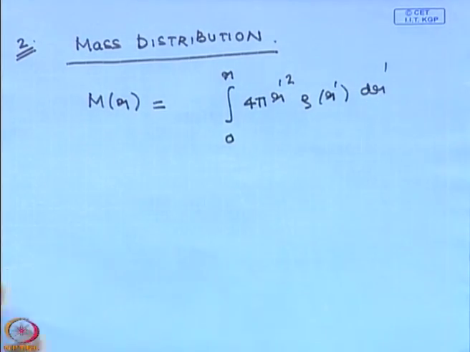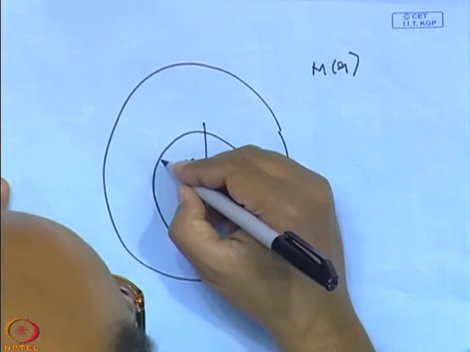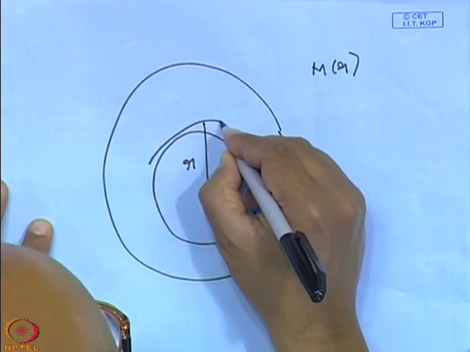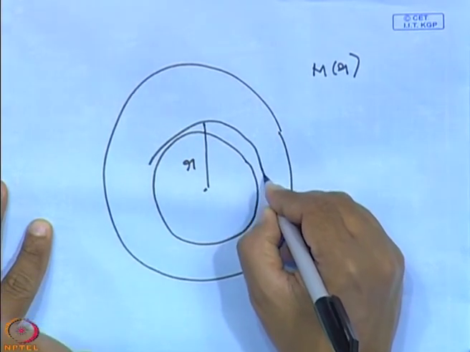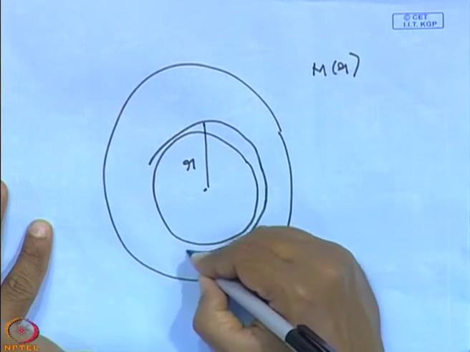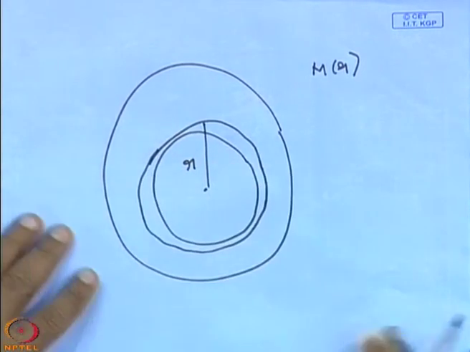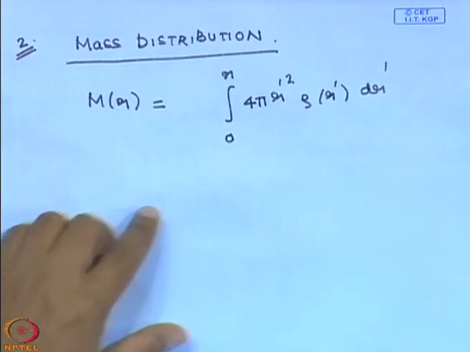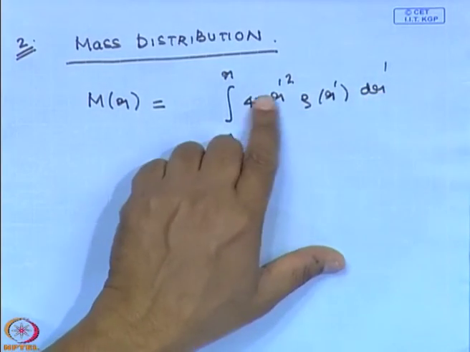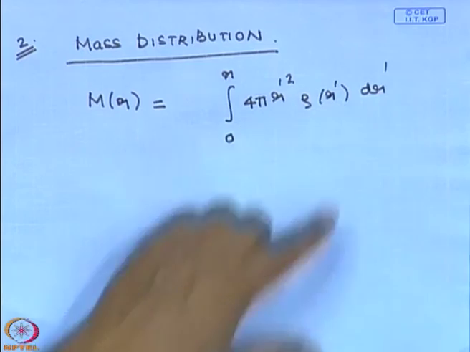So, what we are doing is we are considering shells like this. The thickness of such a shell is d r prime, and the mass inside that is 4 pi r prime square rho(r prime).